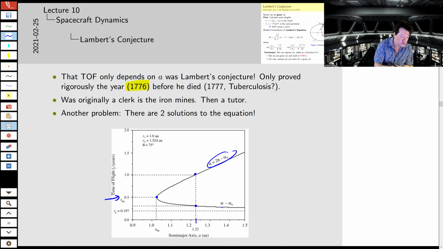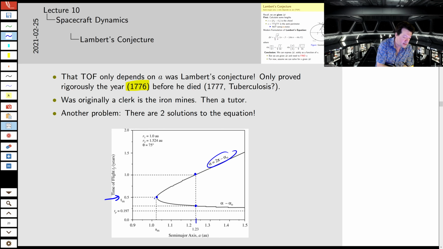Well, the solution for a single arc is unique. What we've drawn here is two parts of the solution, the long way and the short way. And there's actually another set of solutions for a single revolution orbit, which is retrograde orbits for both of these arcs. And then we have multi-revolution orbits, which complicates this problem immensely.